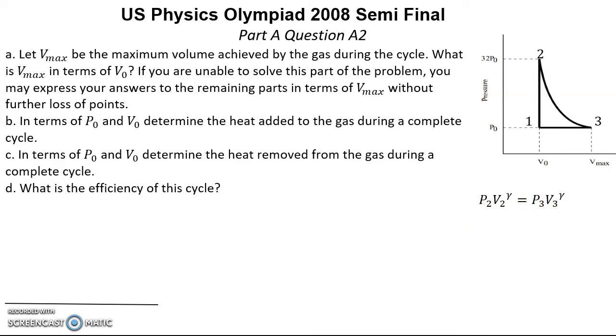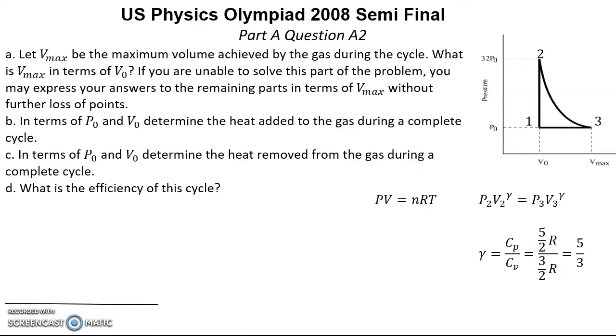It is equal to 5/3, which can be found from this expression: gamma equals Cp over Cv, where Cp equals 5/2 R and Cv equals 3/2 R. Totally it's 5/3. Also, during all these processes we use the universal gas law, which looks like this.